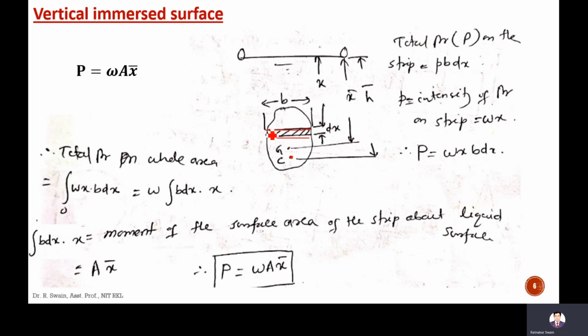The total pressure on the strip is the pressure of the fluid on the surface into area, that is p into b dx. What is the pressure intensity on the strip? That is the weight of the liquid above that surface, which will be w into x. That is the intensity of pressure on the strip, w into x.